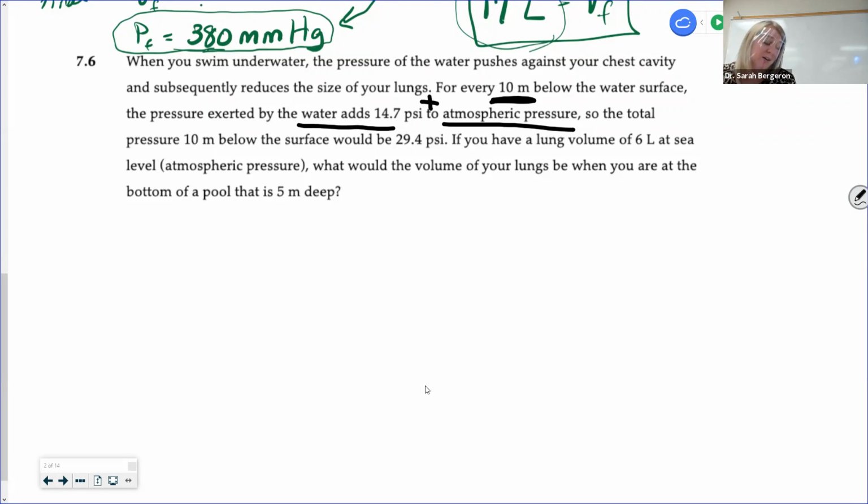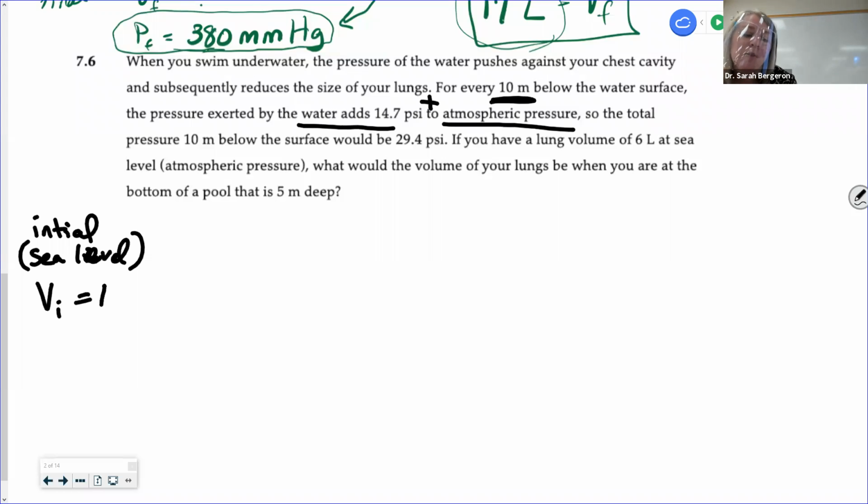So let's pick out our initial conditions. Our initial conditions were at sea level. So what initial conditions are we given in this problem? Six liters of what? What parameter is that? Volume. So I say VI, so I keep track of things, is equal to 6 liters.